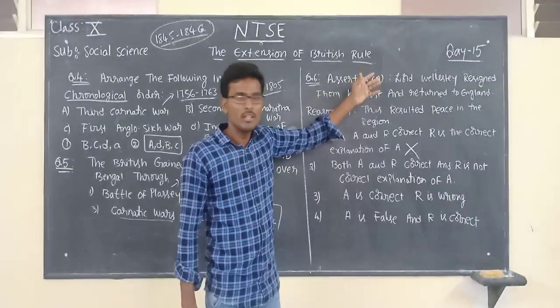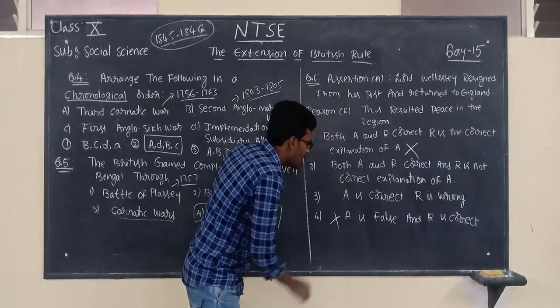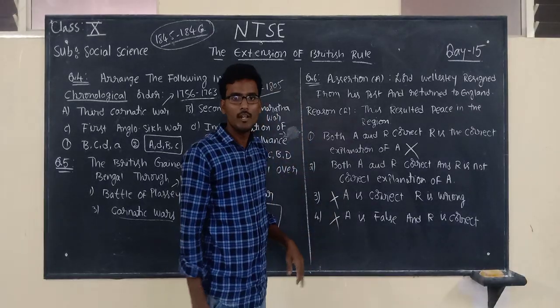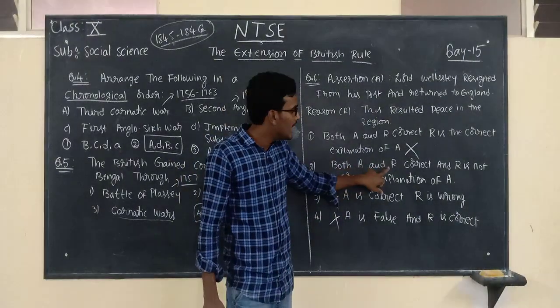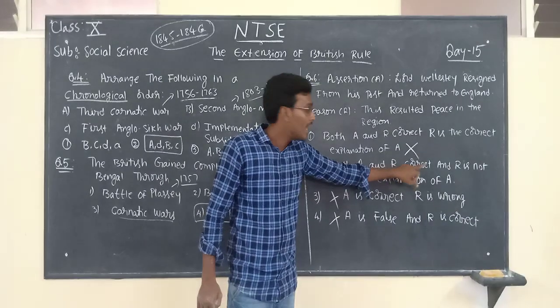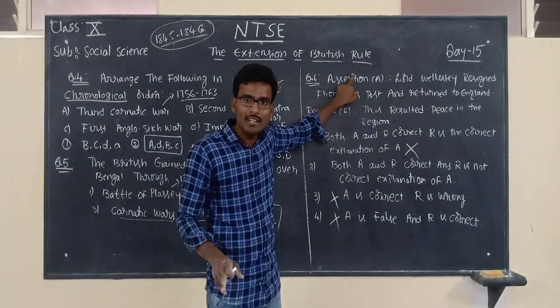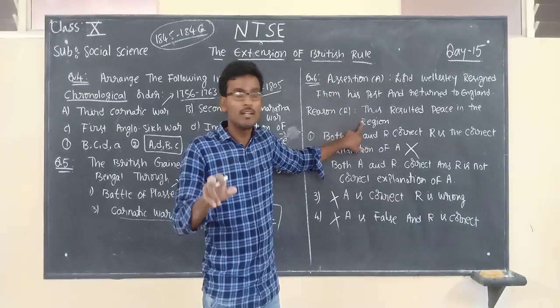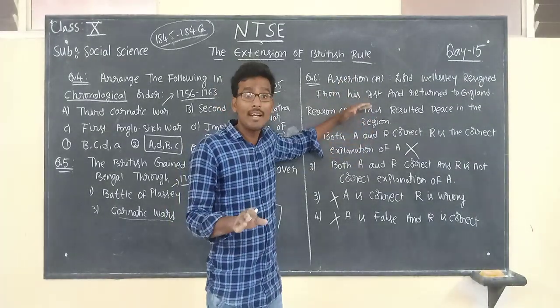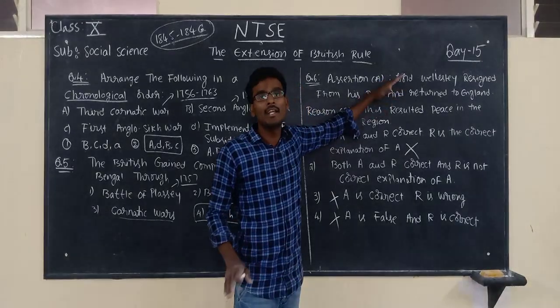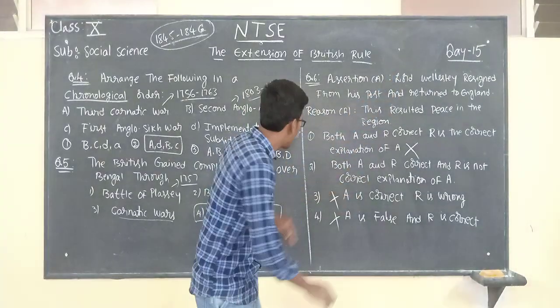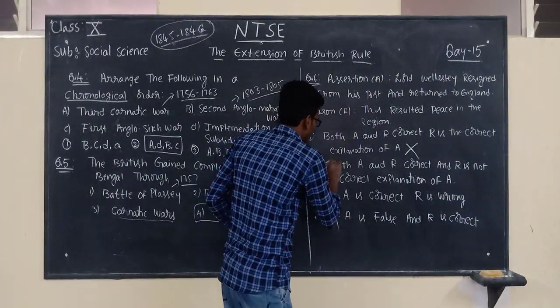Both are correct only. So option number 4 is not right, option number 3 is also not. What is option number 2? Both A and R are correct and R is not a correct explanation of A. Yes, assertion is correct, reason is also correct, but there is no relation here. Reason is not explaining assertion, so option number 2 is the right one.